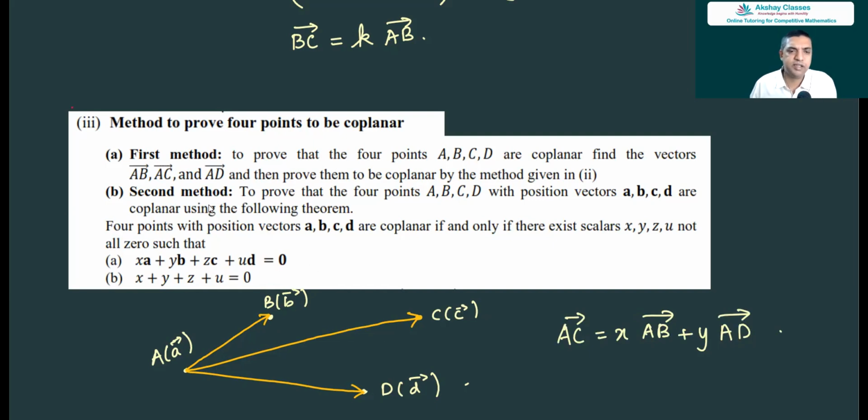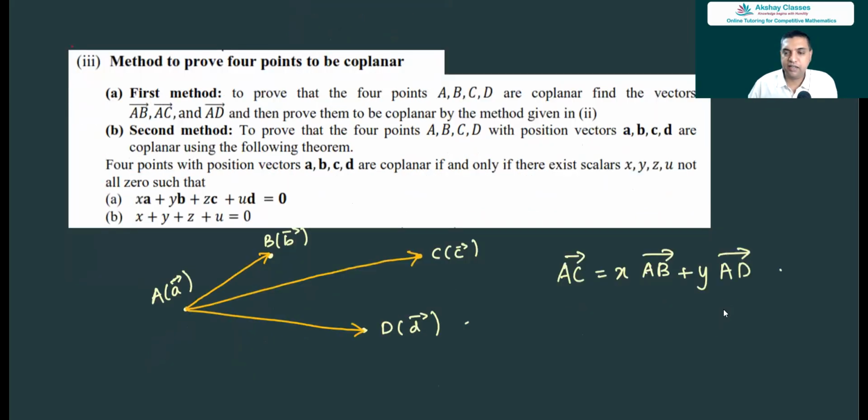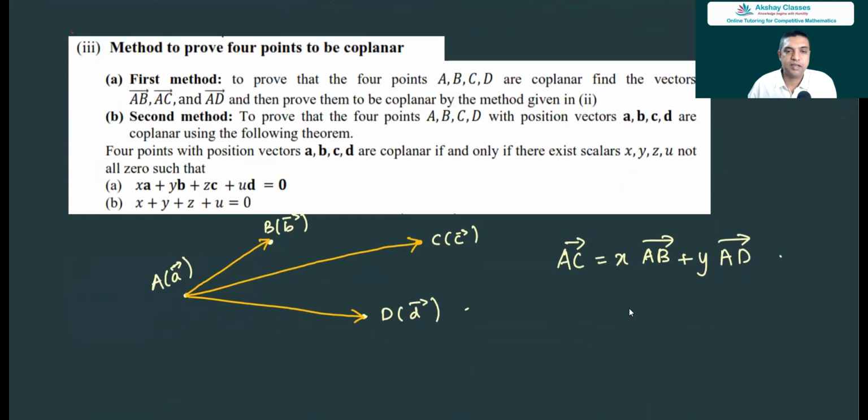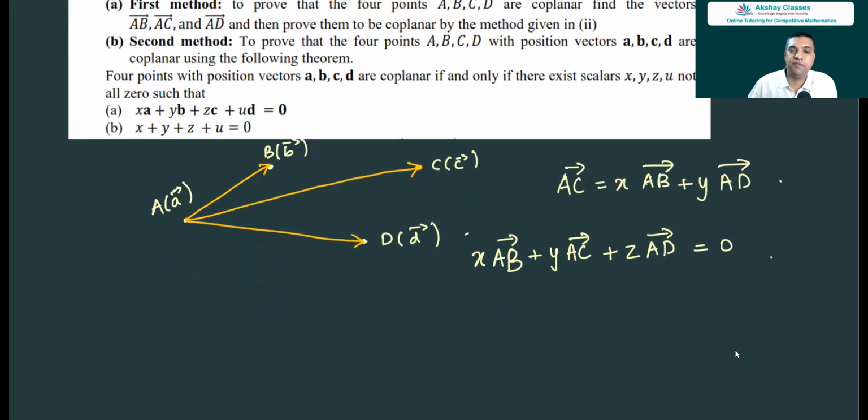The other way to show this is that we can find non-zero X, Y, Z such that X times AB bar plus Y times AC bar plus Z times AD bar is equal to 0, if there is a linear combination.